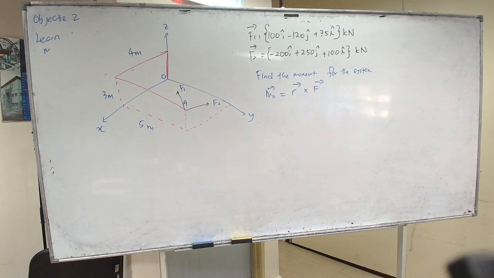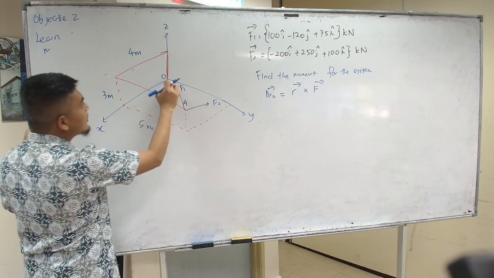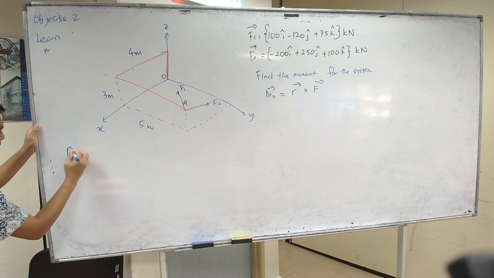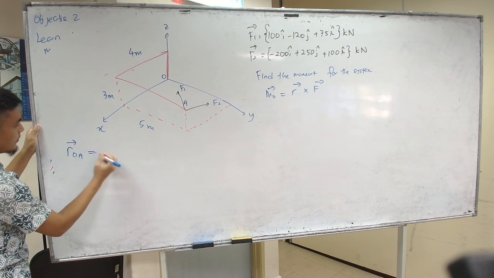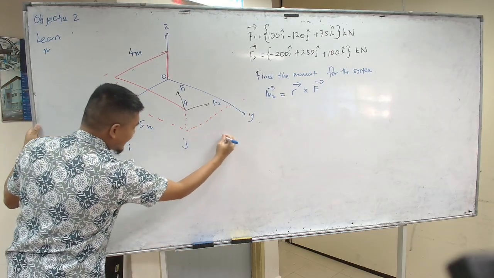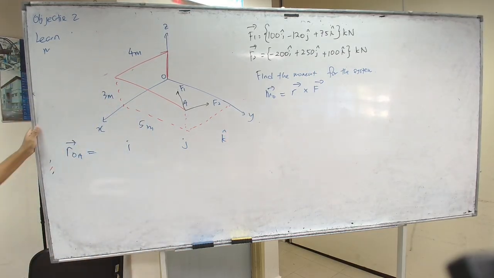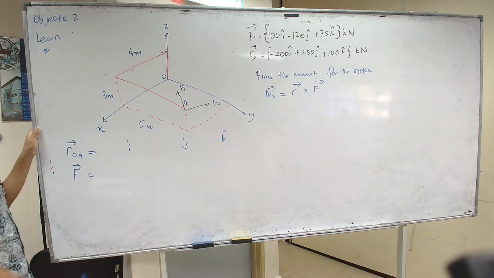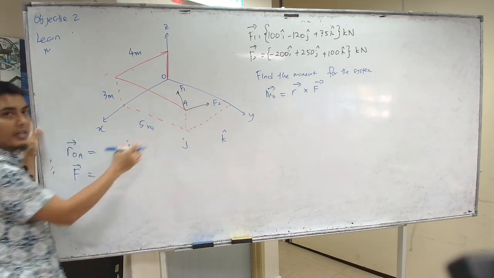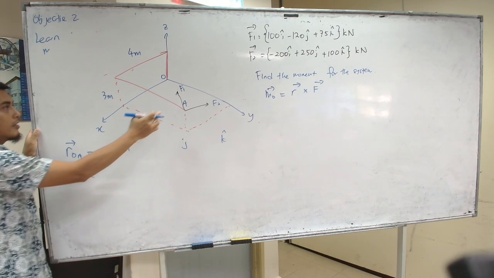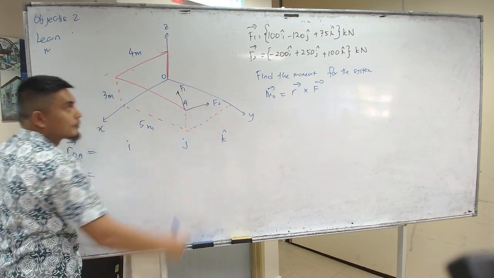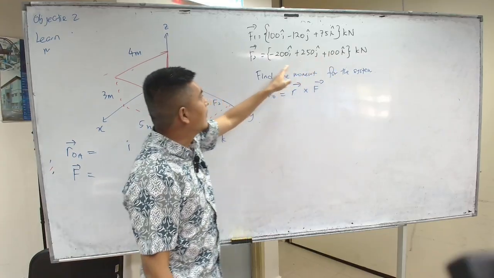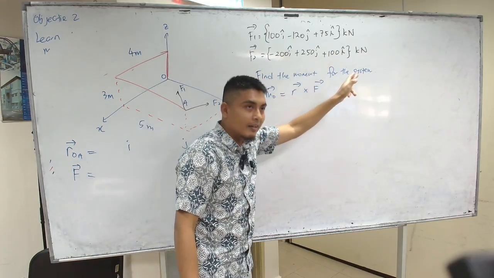So now we want to find the position vector from 0 to A. You find the position vector from 0 to A in I, J, and K. And also, you need to find the force vector for this system, because there are two forces, F1 and F2. F1 already is in I, J, and K, is it? F2 also is in I, J, and K.